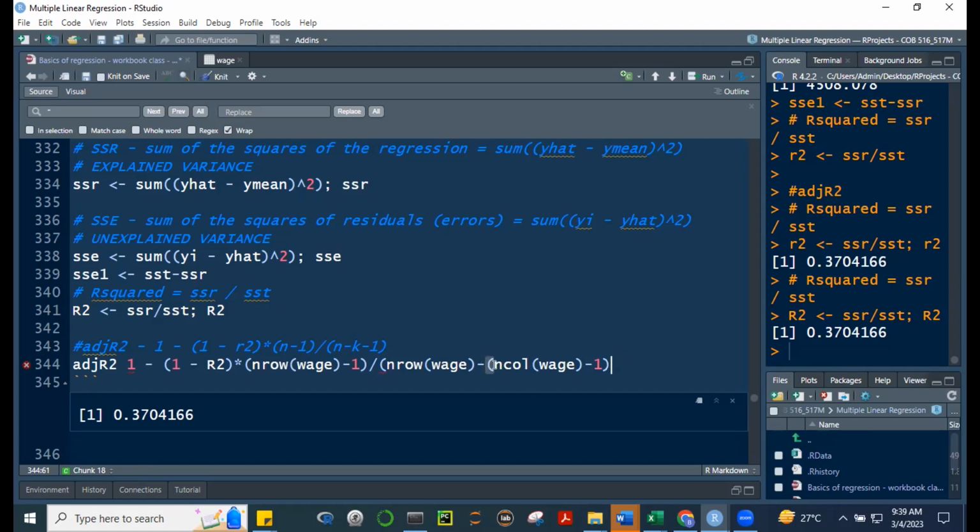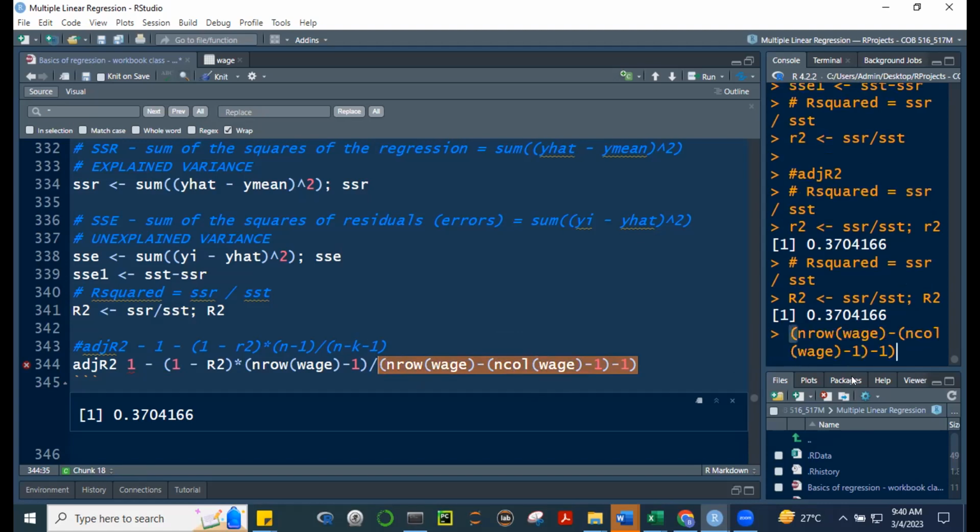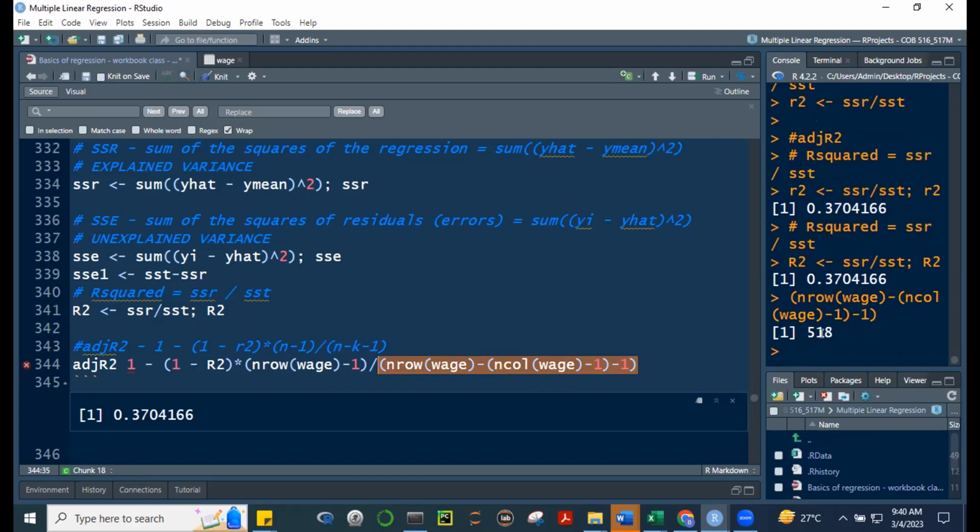So n column of wage minus 1, and then we have another minus 1 here. Minus 1. And then let me close this. There, the denominator is closed. Let me check if our denominator is correct. Control C. Because this is your degree of freedom too, actually. There, isn't it 518? This is your degree of freedom too.